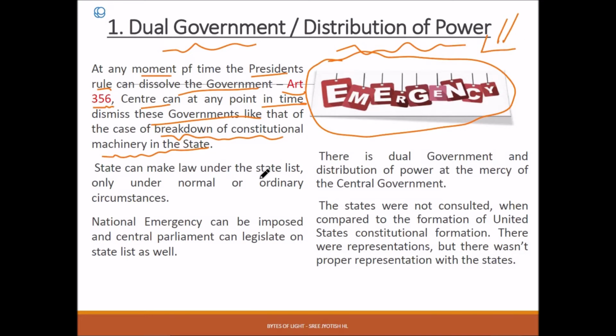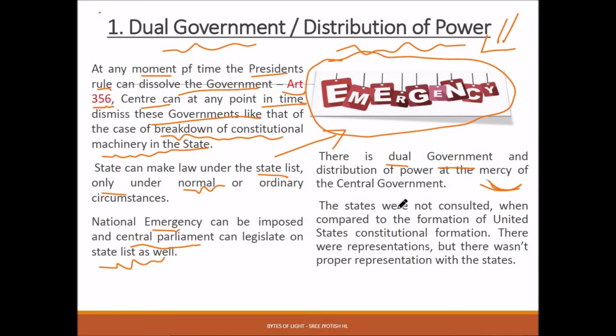State can make law under the state list only under normal circumstances, not during the emergency time. National emergency can be imposed and the central parliament can legislate on the state list as well. That is, that power also goes to the central parliament. And coming to the dual government, the dual government and the distribution of power is only at the mercy of the central government.